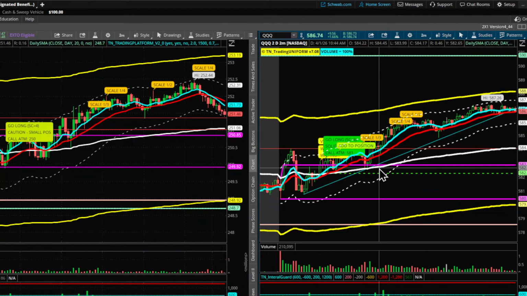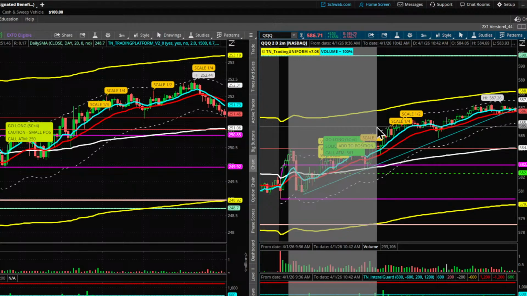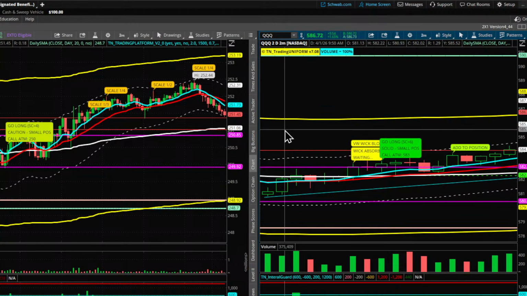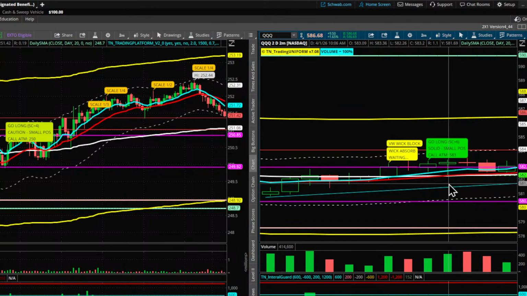Another thing that I want to explain a little bit here is really interesting. Let me just zoom in and look at why this go long is so powerful. First, price trending up. And at this point, it closed above the opening range high.